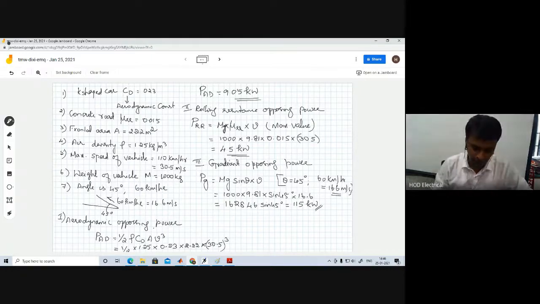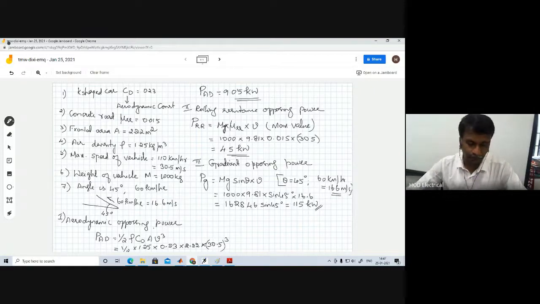Once again I verify it: 1000 into 9.81 into sine of 45 into 16.6 gives 115.15 kilowatts.